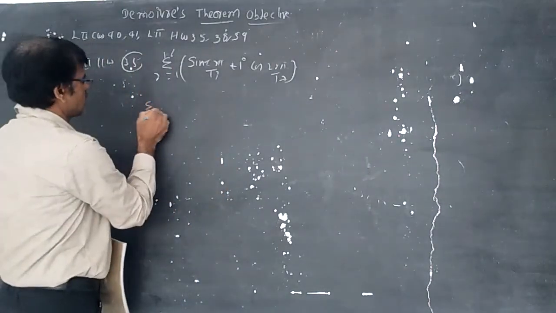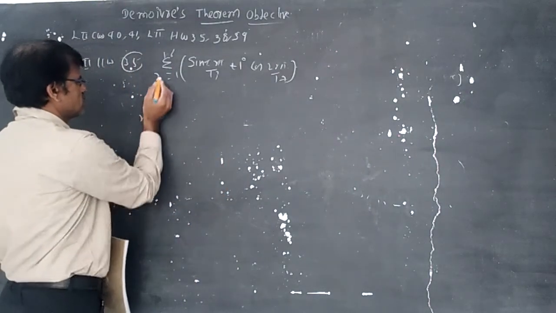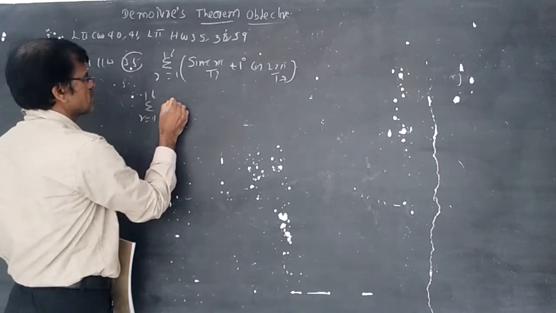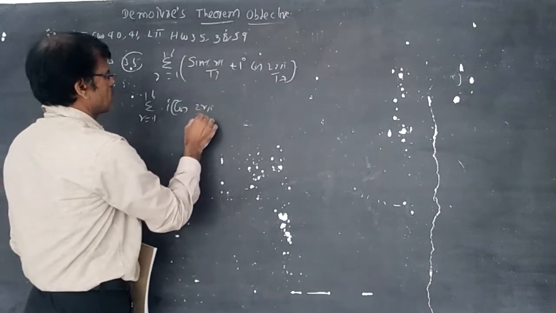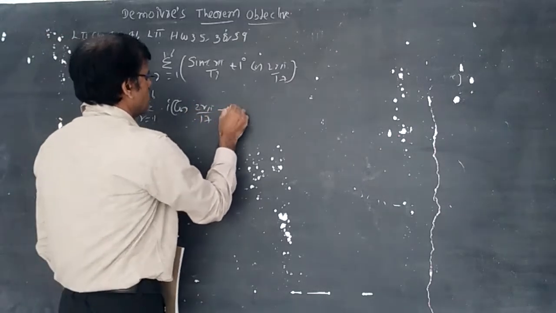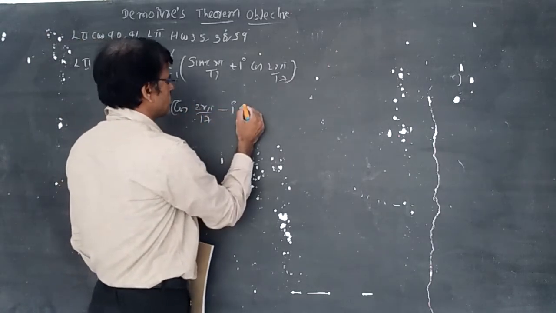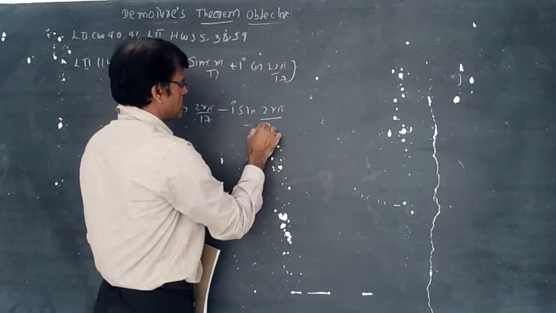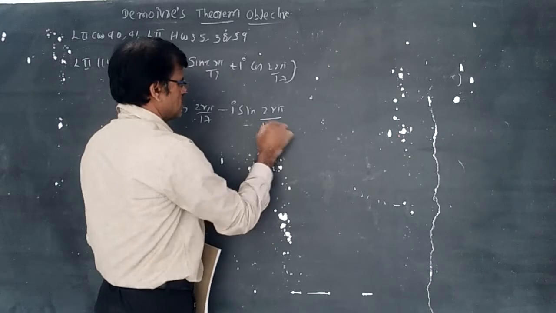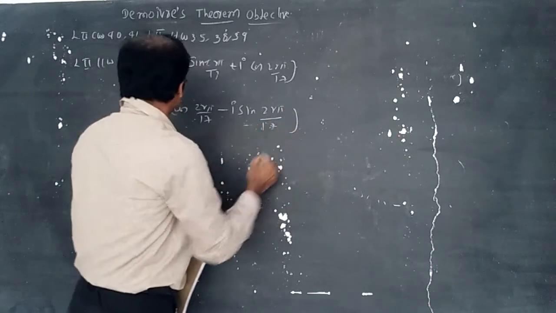Simply take i common here, for r equal to 1 to 16: i into cos(2rπ/17) minus i sin(2rπ/17).